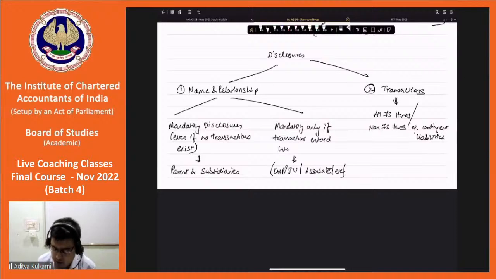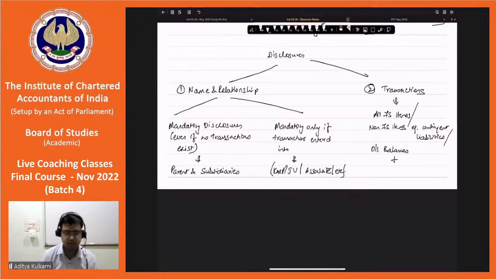And the last part you will disclose is outstanding balances. When goods are sold between parent and subsidiary, what is the outstanding receivable balance or outstanding payable balance? So these 3 things are what you are going to disclose.